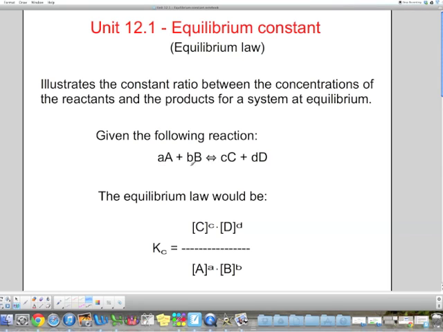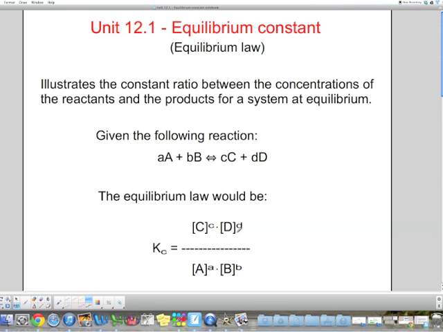So if we take this theoretical reaction, we get, for example, concentration of substance C to the power of its coefficient times concentration of substance D to the power of its coefficient over concentration of reactant A to the power of its coefficient times concentration of reactant B to the power of its coefficient.